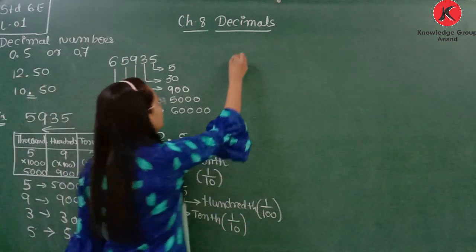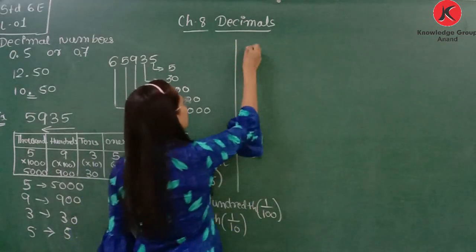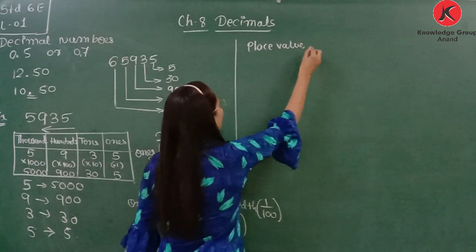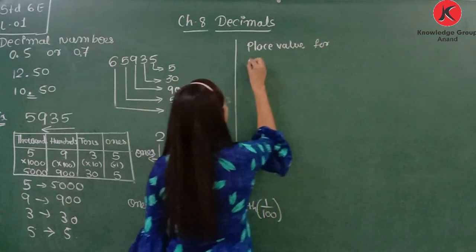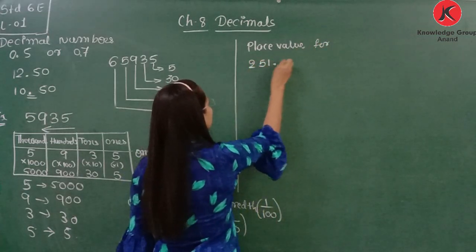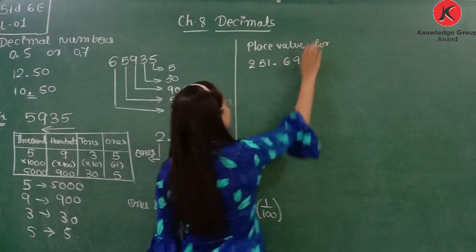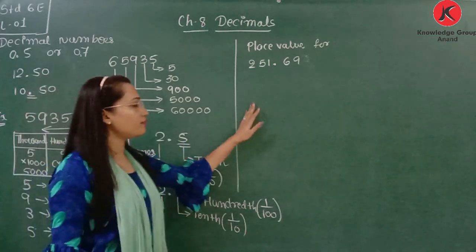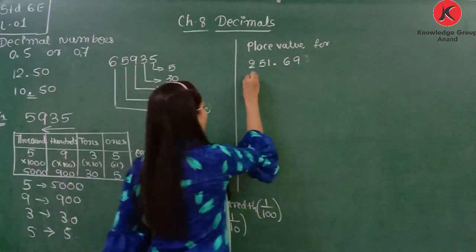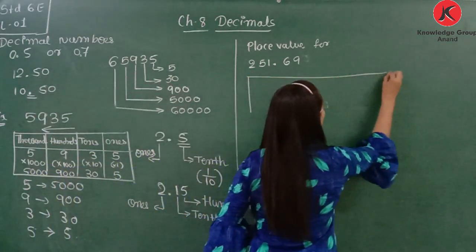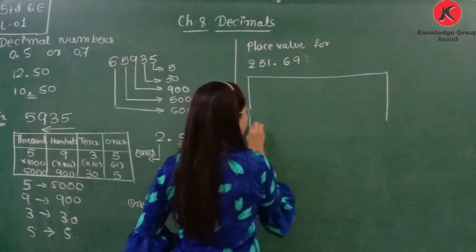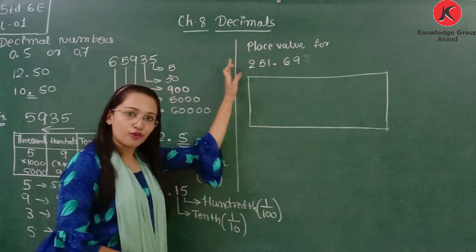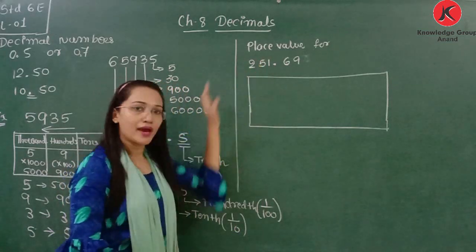Let's take an example. Place value for 251.69. So how can we write the place value of this? Make a place value table. Now the number that is before the decimal point is the same as a natural number.